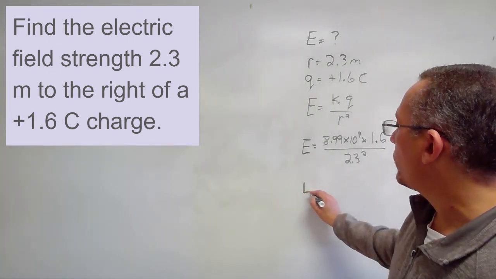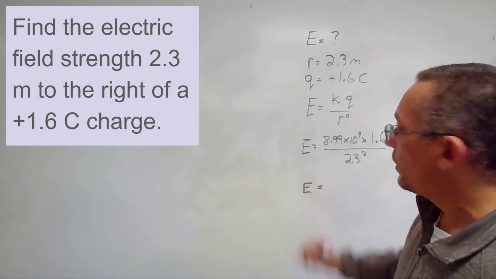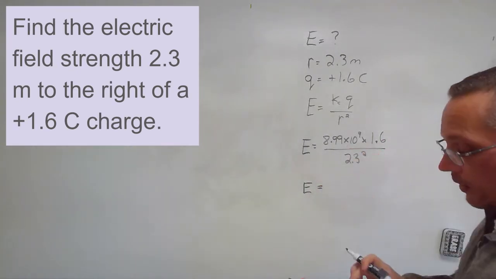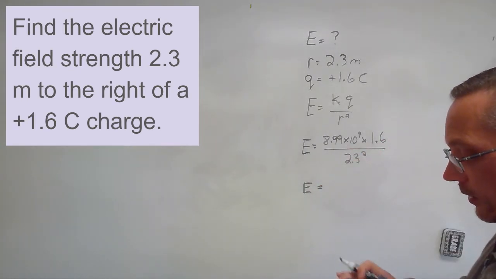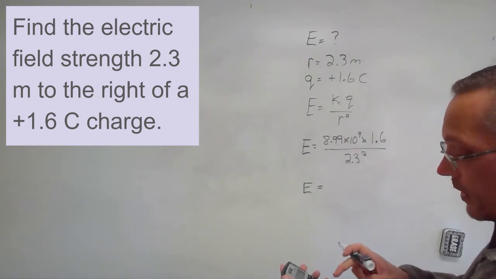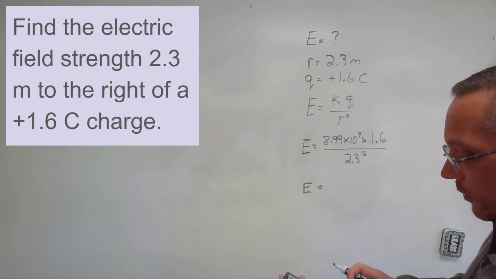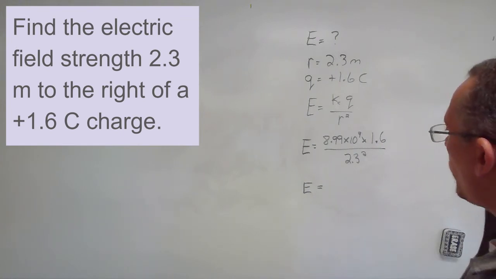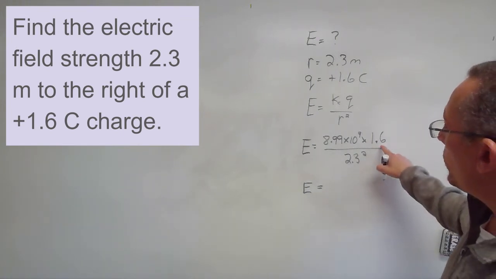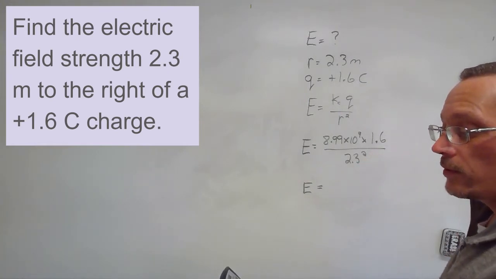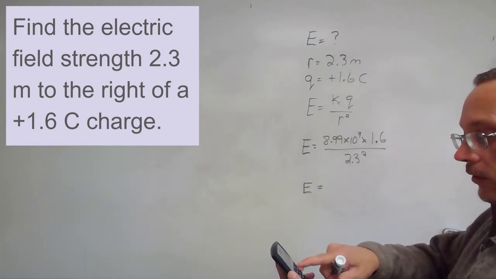It's already set up, so let's take our calculator and work out what we get. I have 8.99 times 10 to the 9 times 1.6 divided by 2.3 squared. And we're going to need two significant figures, since both of these numbers had two significant figures. Wow, I get a large number here.